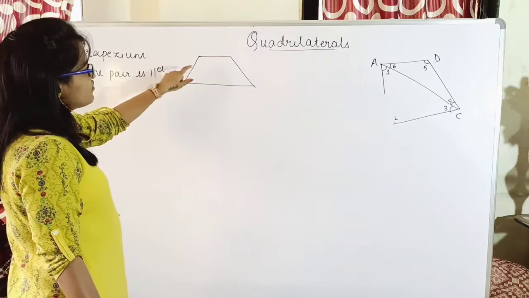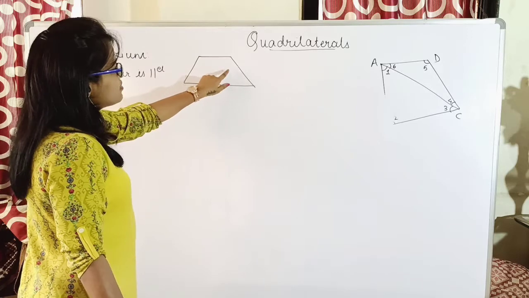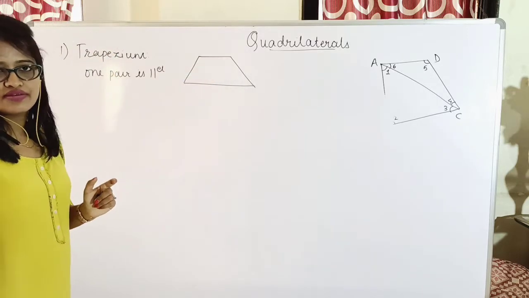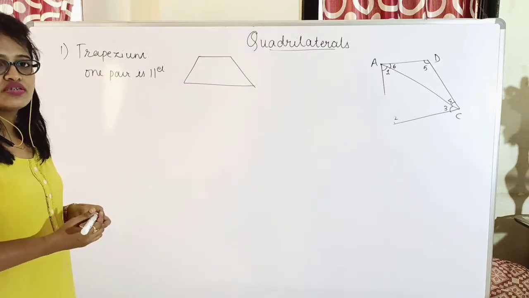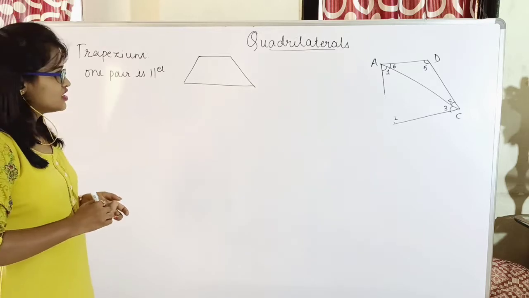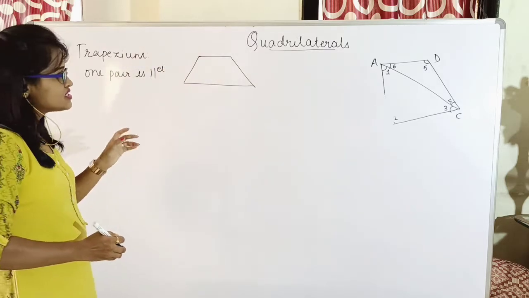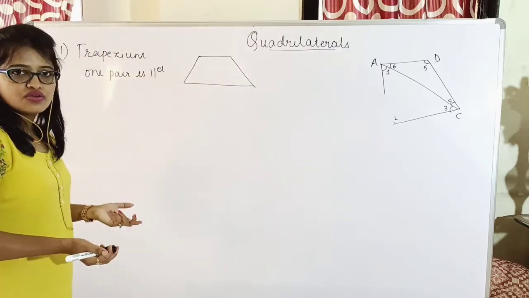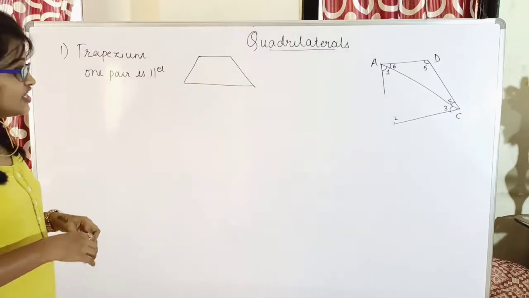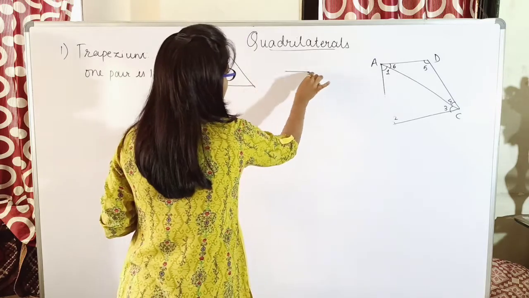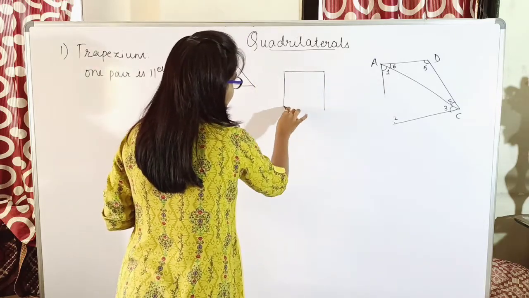Meaning, what if I say the other pair should be non-parallel? Is this a condition? If I didn't specify this condition, what does it mean? If I am taking one pair to be parallel, it means the other pair can be parallel or it cannot be parallel. But if the other pair is also parallel, will you get a trapezium?